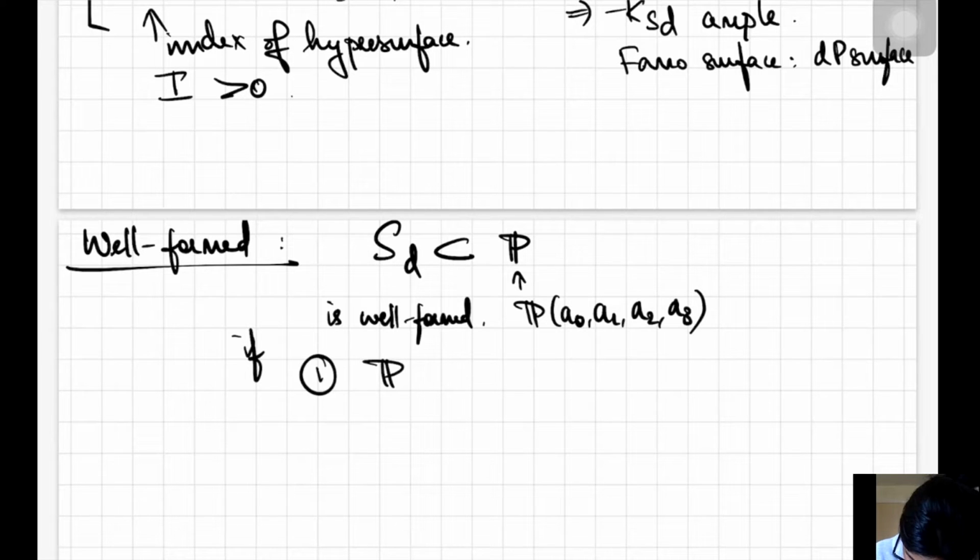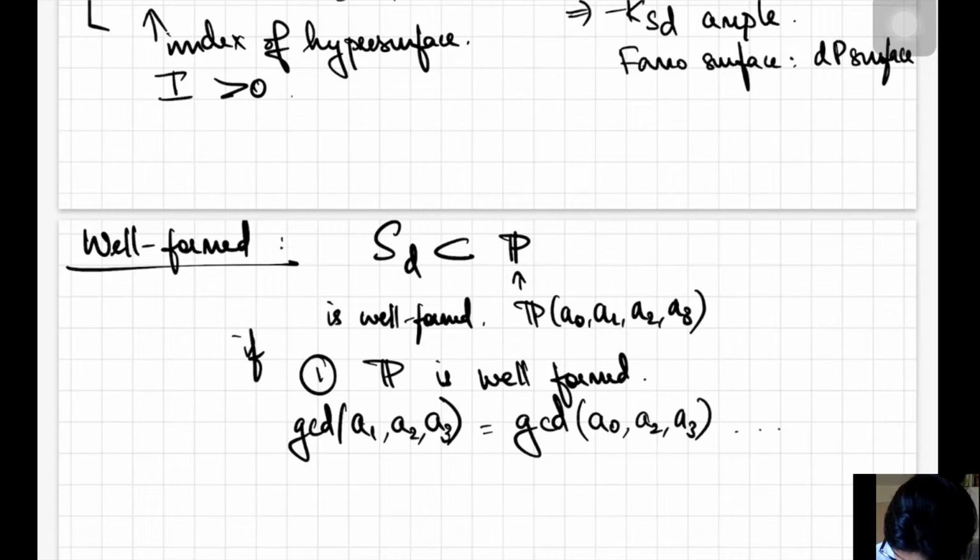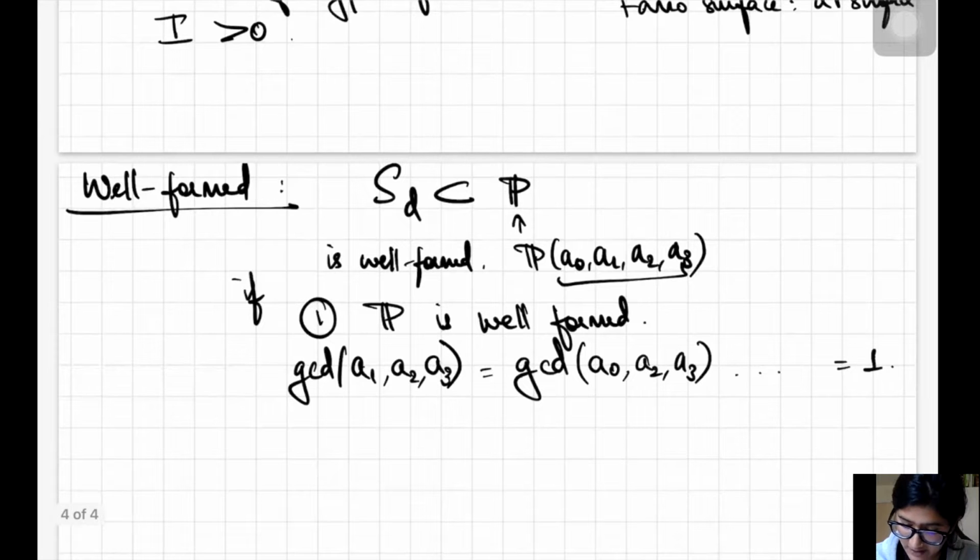One, P itself is well formed. This only means that when you take any three weights out of the four, the GCD should always be 1. This is what it means for your weighted projective space P to be well formed.